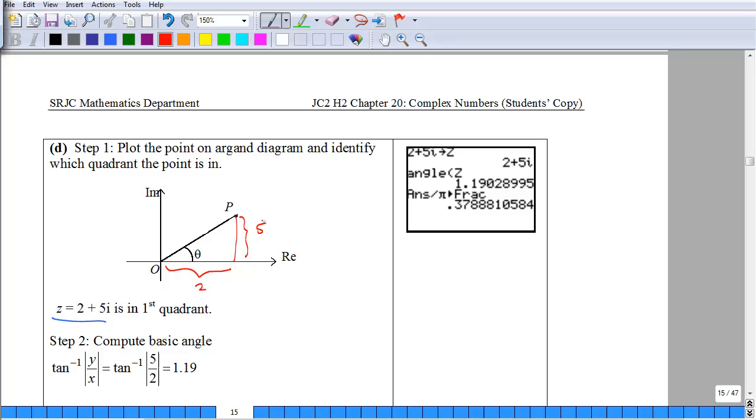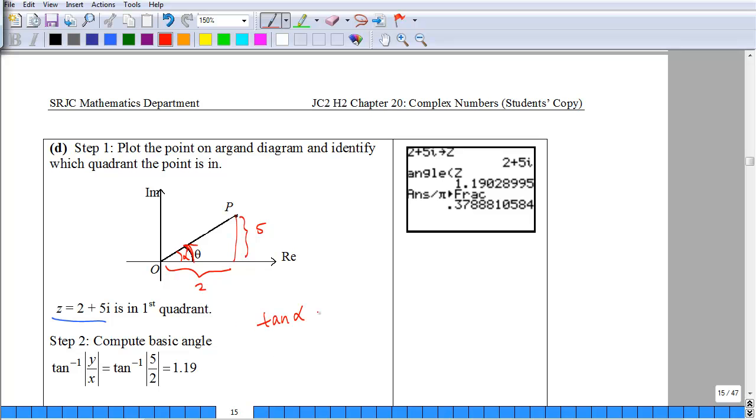In this case, the argument is given by this angle theta here, and it happens to correspond with the basic angle.